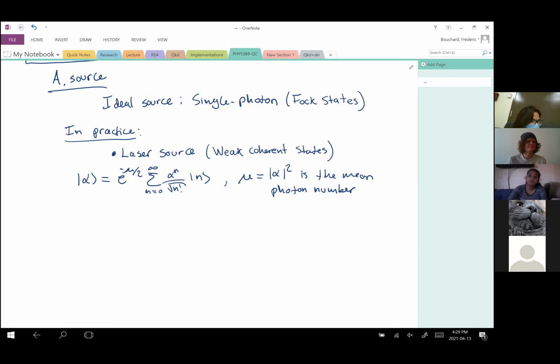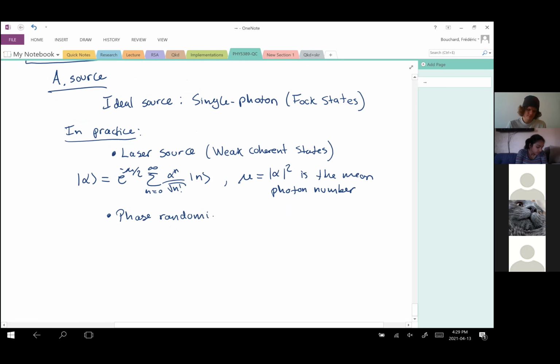But you might not always get this state. If you have something like a diode laser, you'll get something called phase randomized pulses, where from pulse to pulse, there's no phase relation between the different pulses. So you'll get something that looks like this. So you basically just get rid of the overall phase information.